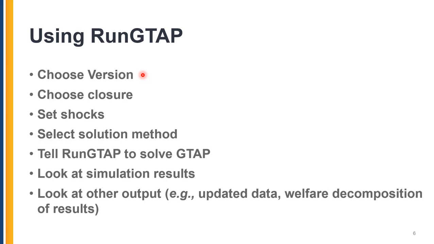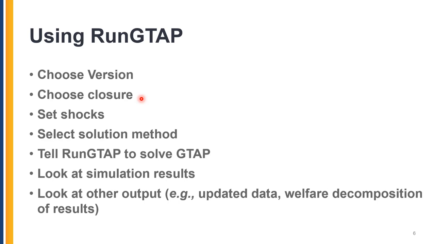And if we have the right version, we might choose our closure, decide which equations are turned on and which ones are turned off, by choosing which variables are endogenous and which ones are exogenous. There's a standard closure that comes with GTAP, so for the most part, until we get to the on-site course, or the second phase of the training, we'll just use standard closures.